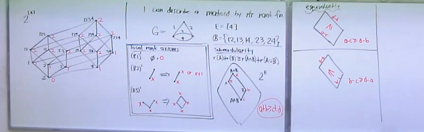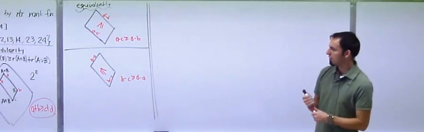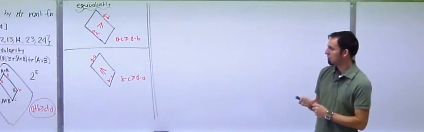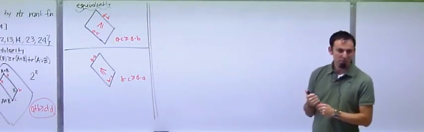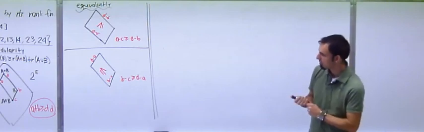Now the reason that I bring this up now is because this is going to let us see how matroids kind of reproduce in a way. So if you have a big matroid, how can you get a small matroid out of it? Here's a matroid.